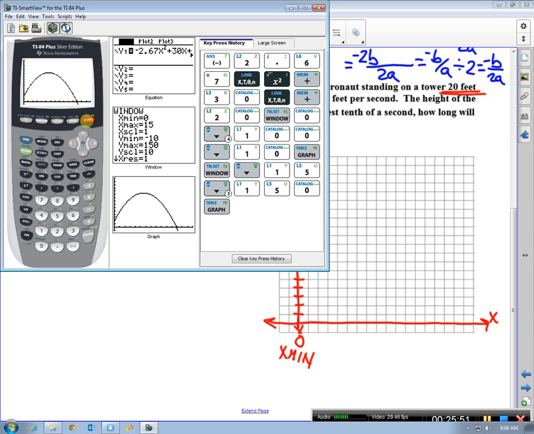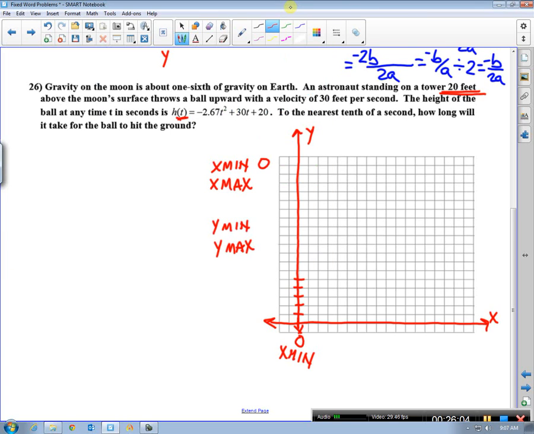So let's get some values from the calculator, graph that, and the question is, how long will it take for the ball to hit the ground? We're going to have to talk about what that means. Let's fill in our window. We did x max of 15, y min of -10, and y max of 150. Those were nice values. We could see the whole graph. All right. So I counted by tens on my y-axis. You show your scale if it's anything different. And I did go by seconds here, 1, 2, 3, 4.